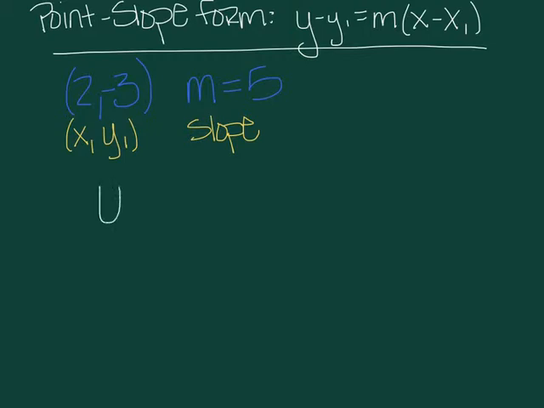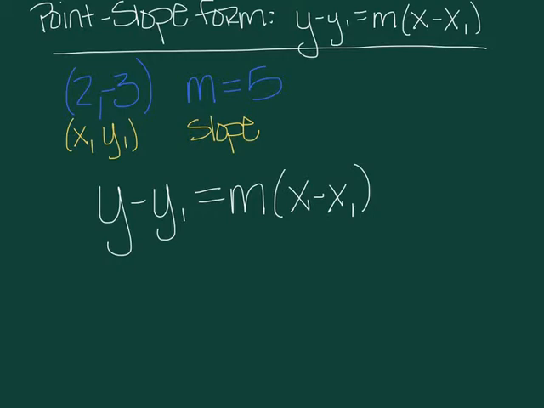So let's take the form that we have, y minus y1 equals m times x minus x1, and plug in what we know. X and y stay variables. We're going to subtract our y1 value, set it equal to the slope times x minus the x1 value.